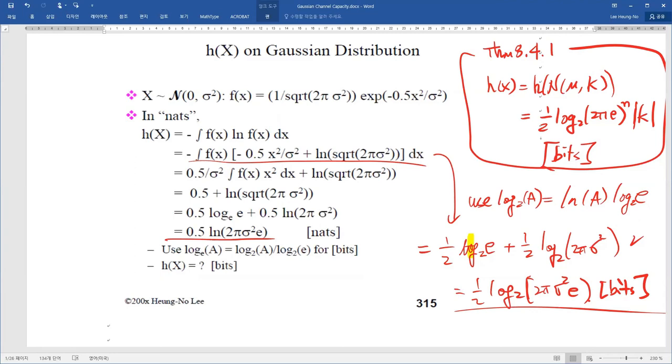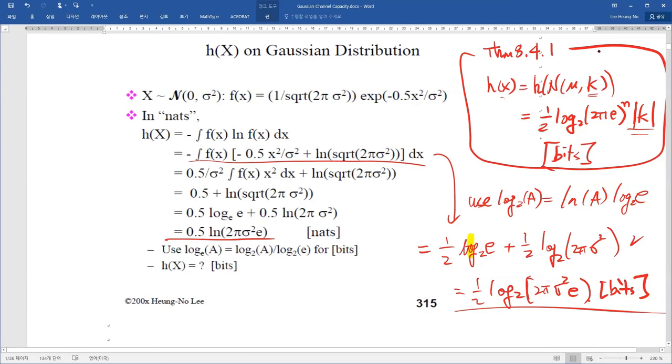And when we do that with the Gaussian vector, where x is a vector now, then in place of sigma squared, we just need to replace it with the determinant of the covariance matrix, written with the absolute value sign as |K|, where K is the covariance matrix of the Gaussian random vector.